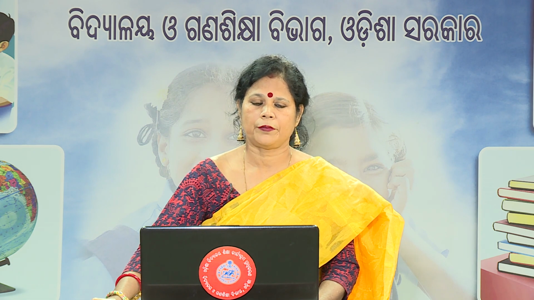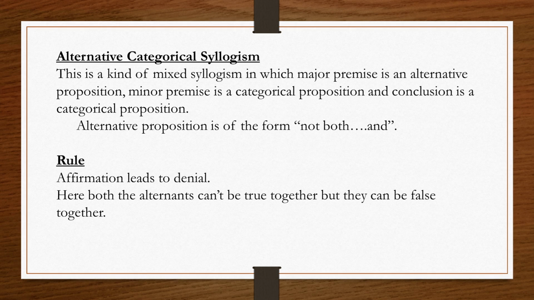So, major premise is alternative proposition, minor premise is a categorical proposition, subject, predicate, copula, and conclusion also is a categorical conclusion, subject, predicate and copula. Okay. Now, this alternative categorical syllogism, you will find that this is just the reverse of disjunctive categorical syllogism.